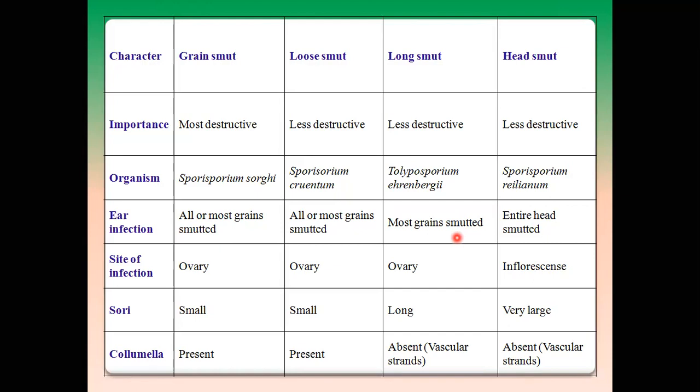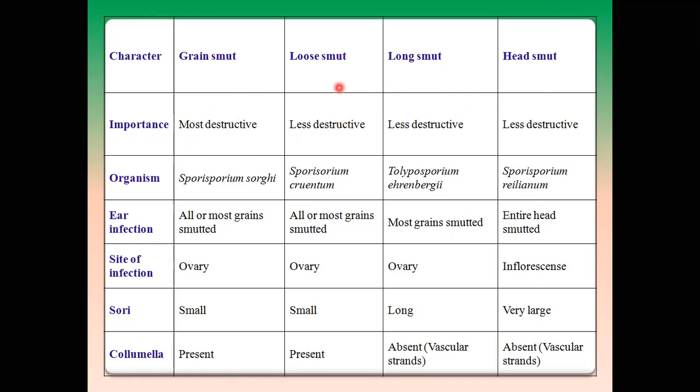So now we comparatively study the information of these four types of smut in sorghum in a very short manner. Importance: grain smut is the most destructive in nature and commonly seen in all the varieties of sorghum.